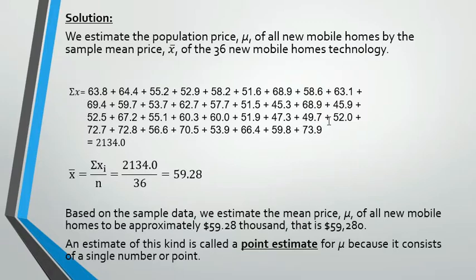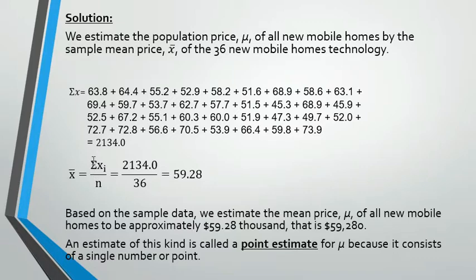After we add all the sample data prices, we get the total, that is 2134.0. So we just put it into the formula to find the mean price.